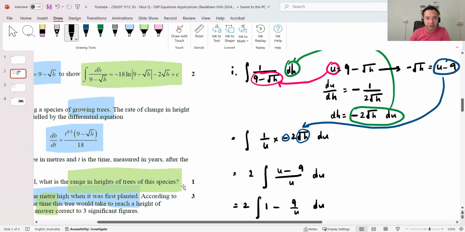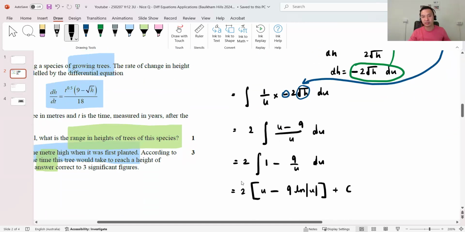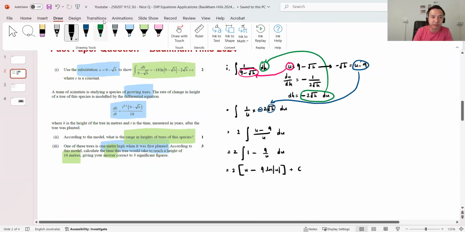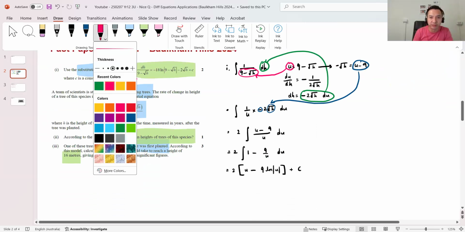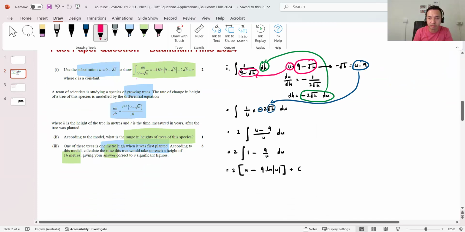And then all I have to do now is plug that back into the value of u, and then expand. So let me see. The negative there.